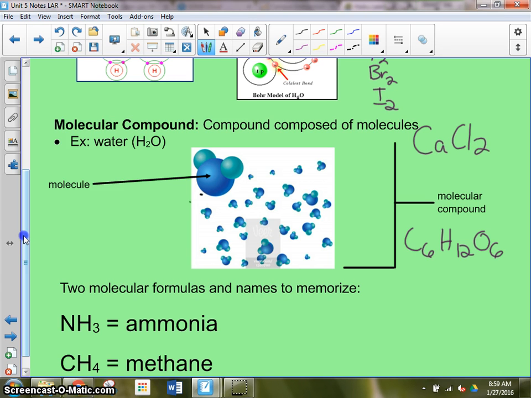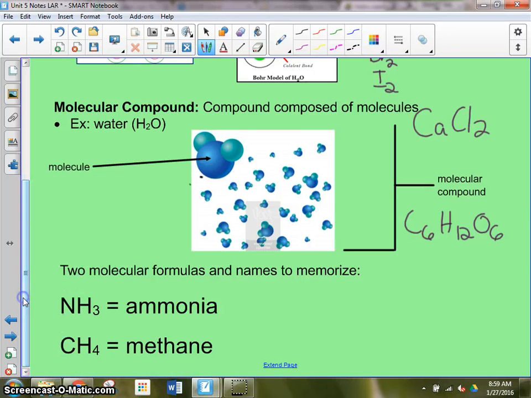That is the lowest ratio that forms glucose. I could reduce it. There is a simplest ratio. But in this case, one molecule of glucose has all of those atoms within it. So a molecule is the smallest unit of a molecular compound. The formula unit is typically going to have more than that number of ions, but we report it in the lowest ratio. A molecule does not have to be the simplest ratio that elements can have.